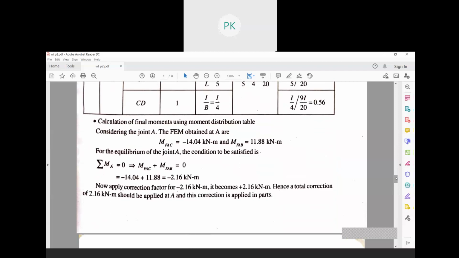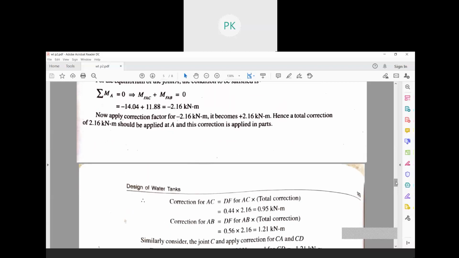So the sum of all the moments along A should be equal to 0. So along A we have MFAC plus MFAB, which is equal to 0 according to the equilibrium condition. So minus 14.04 plus 11.88 is equal to minus 2.16 kilonewton meter. Now it is not 0.